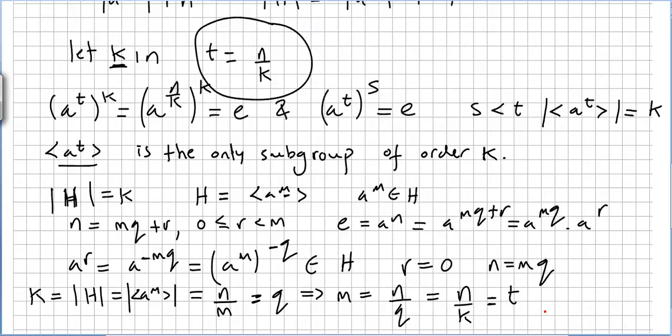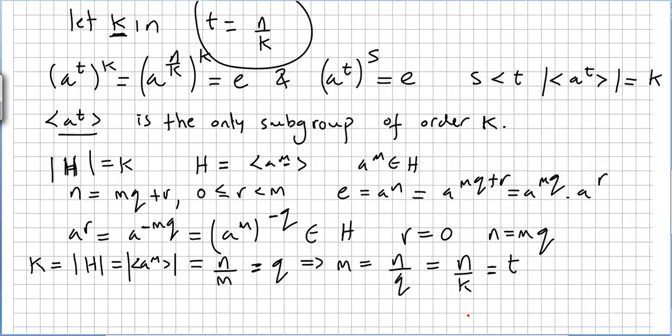So this proves that H, the subgroup, is generated by the powers m of A, or A to the power of T. Okay?